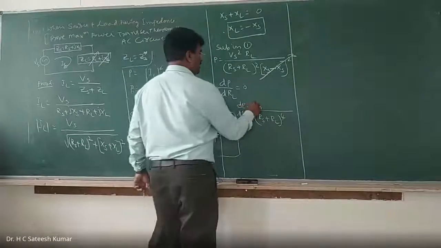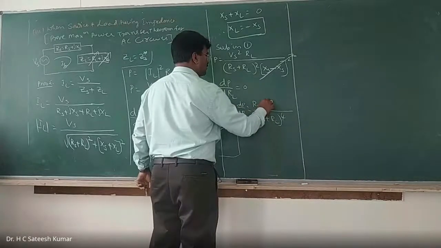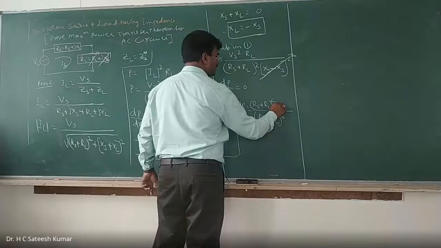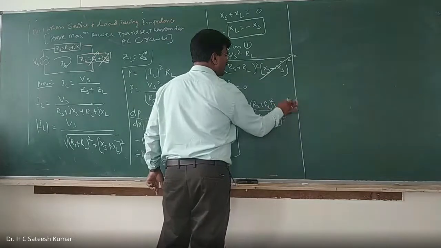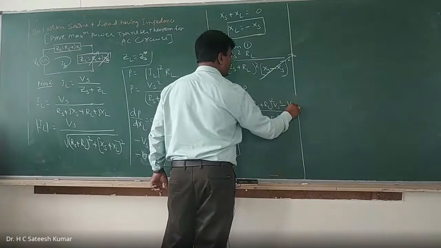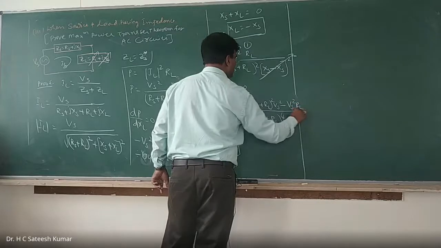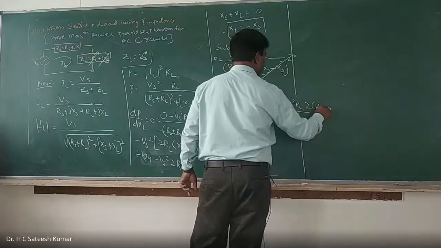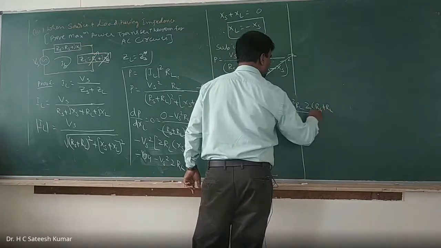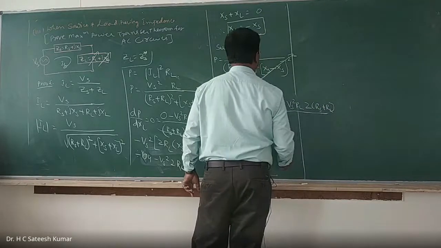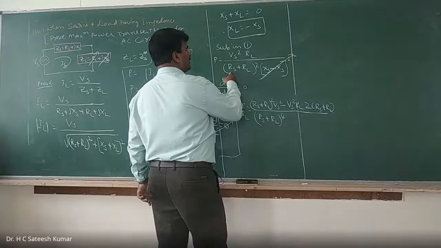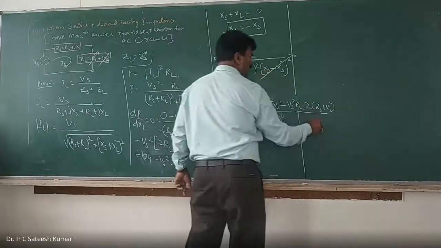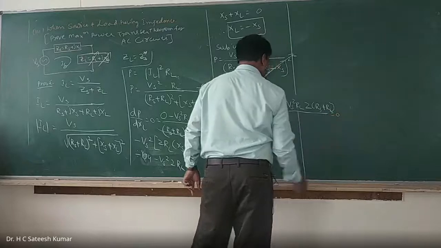Denominator Rs plus RL whole square into d by dx of numerator Vs square, minus numerator Vs square into RL, into d by dx of denominator, 2 into Rs plus RL, into differentiation of Rs plus RL. Rs is 0, RL is 1, and this should be equated to 0.